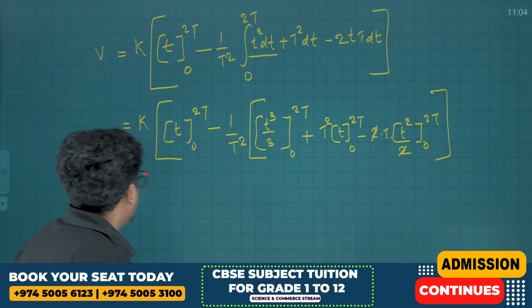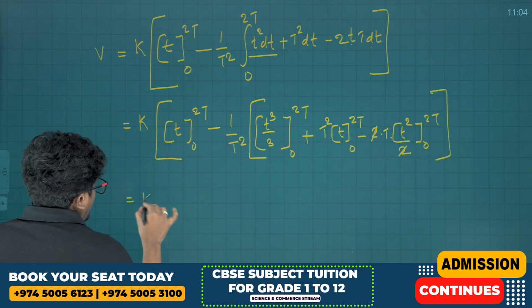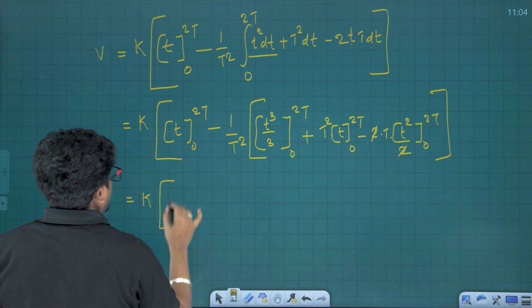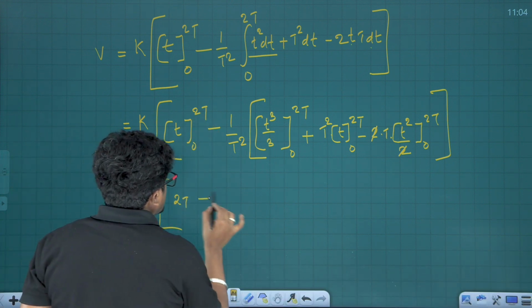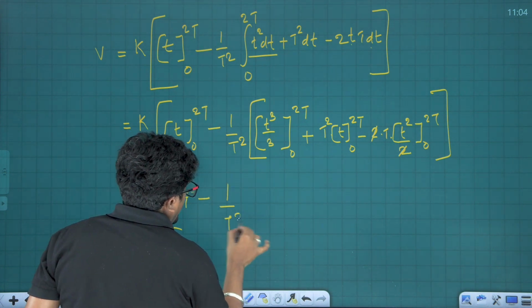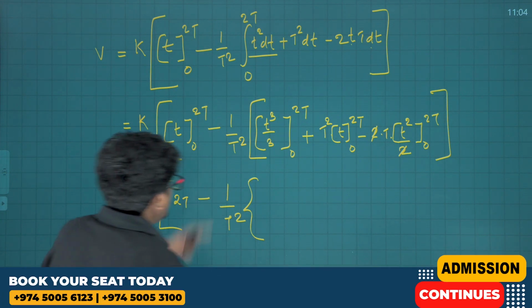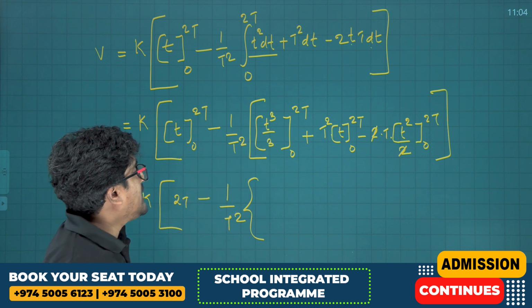Now I am going to apply the limit. So here this is capital K into, applying the limit, 2t minus 1 upon t square into, that's common. Now let me apply the limit.